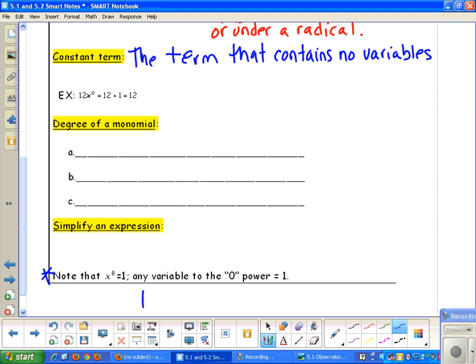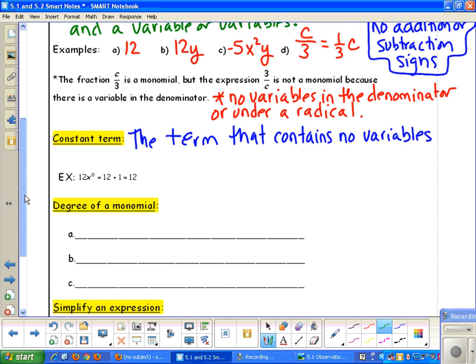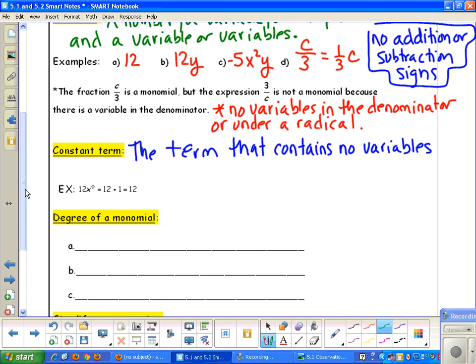So for instance, if I have 12x to the 0 power, that's really equal to 12 because x to the 0 power is really equal to 1. So 12 times 1 would be 12. Or even if I had just a number, like 143 to the 0 power, I know that's going to be 1. Or if I had y dw all to the 0 power, that would also be equal to 1. And we'll talk about some of those properties in a little bit. So anything without a variable means that's our constant term.